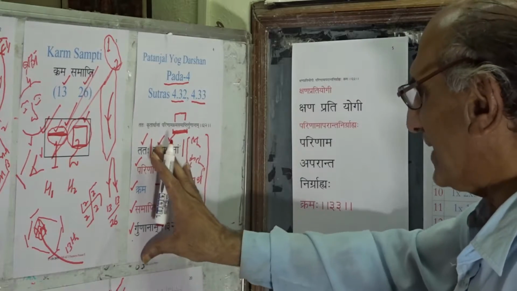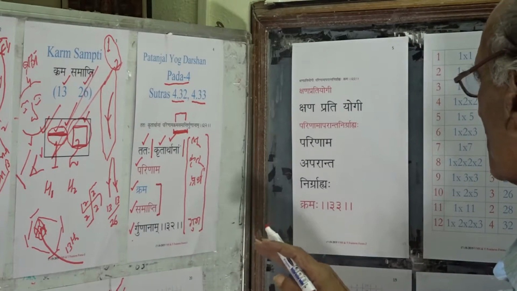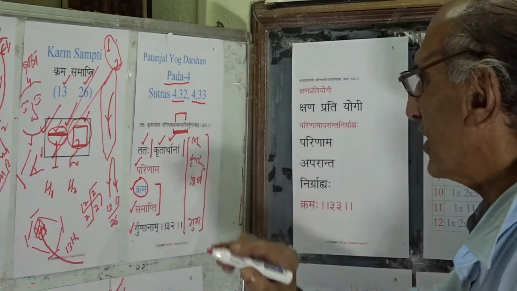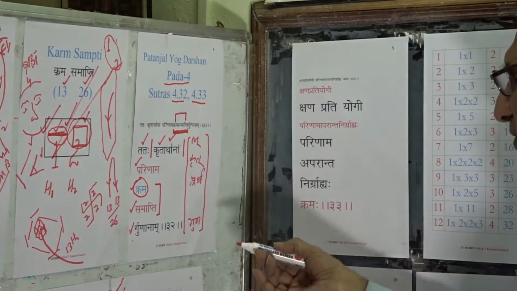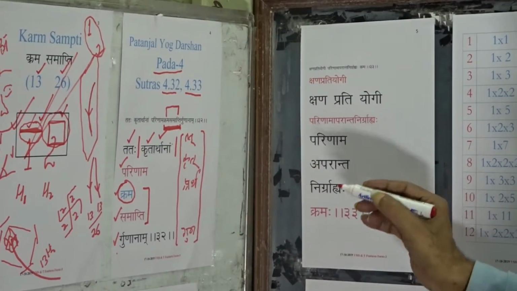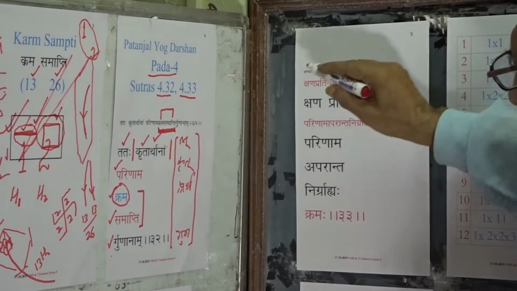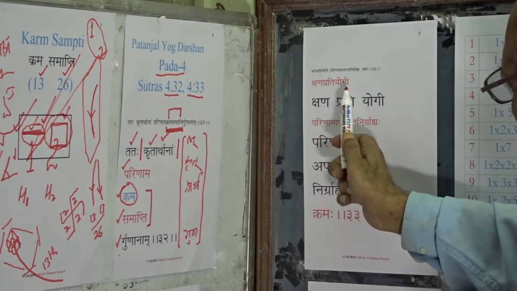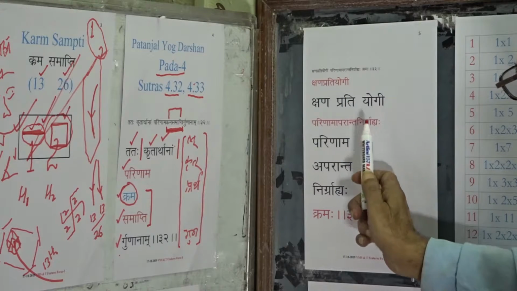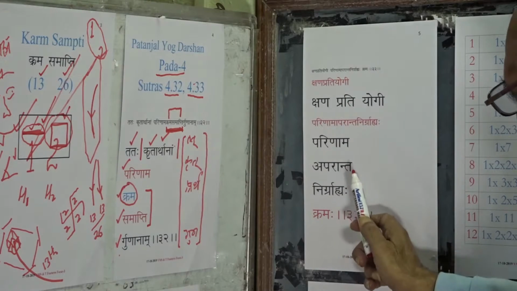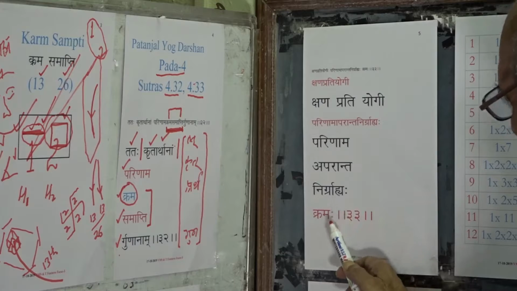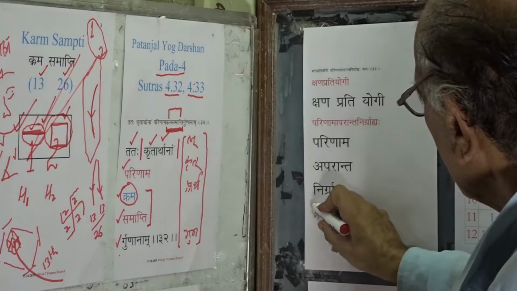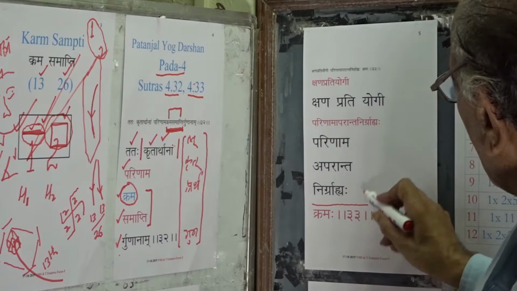A step ahead to have a proper appreciation of the Kram. So basic formulation Kram is further elaborated, explained in the Sutra 4.33. It is Kshana Pratiyogi, Parinam Aprant Nirgrahya, Kram. So definition of Kram is preserved here.